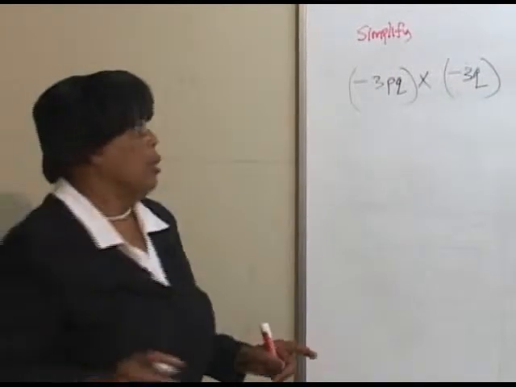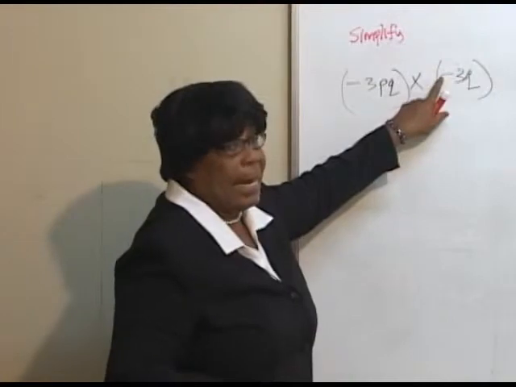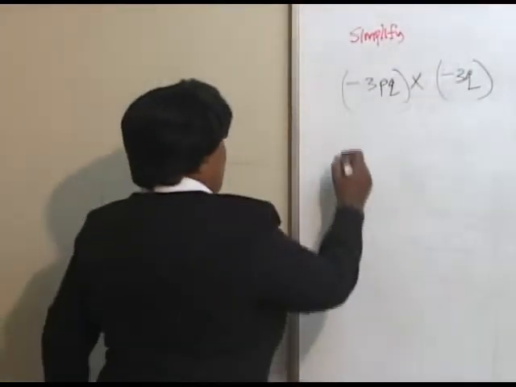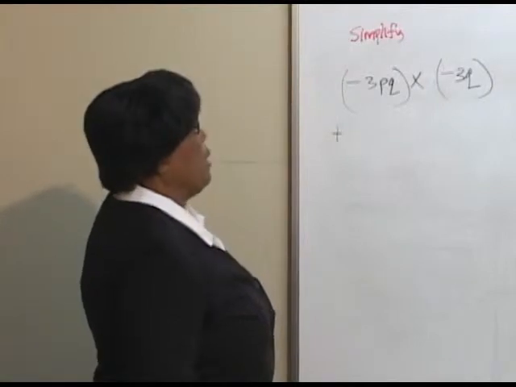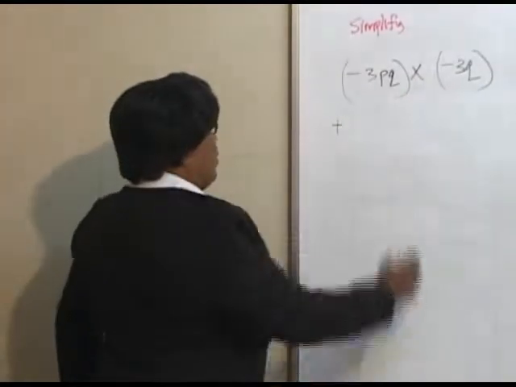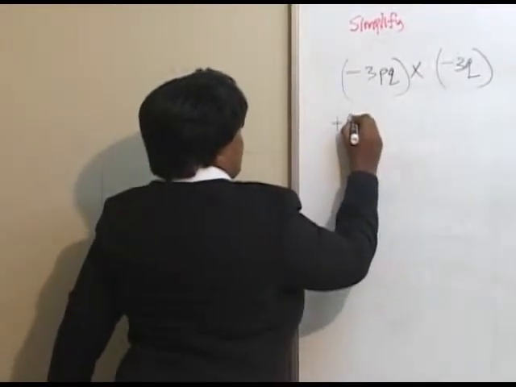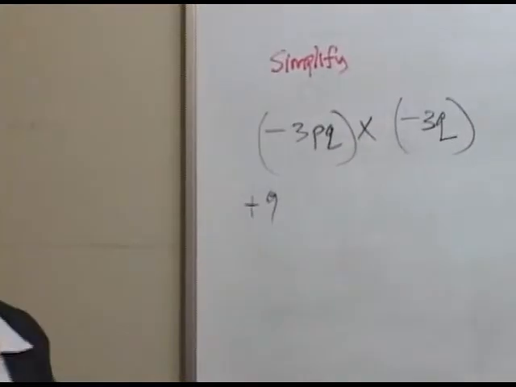All right. So here we want to say a negative times a negative would give me a positive. Good. Then we would be saying 3 times 3, and that is going to give me 9. All right. Do I have anything to multiply p by except 1?